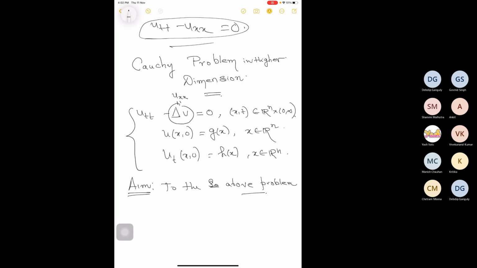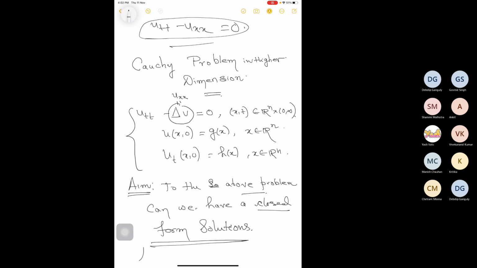The wave equation means u_tt minus Laplacian of u equal to 0. So can we have a closed form solution?